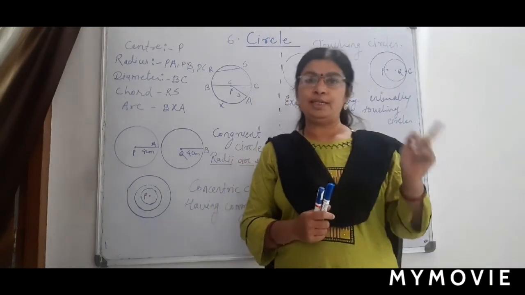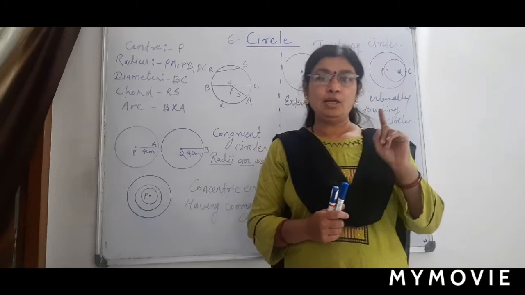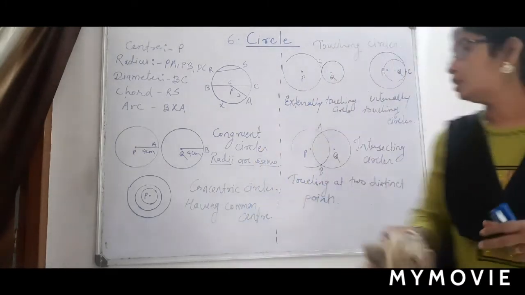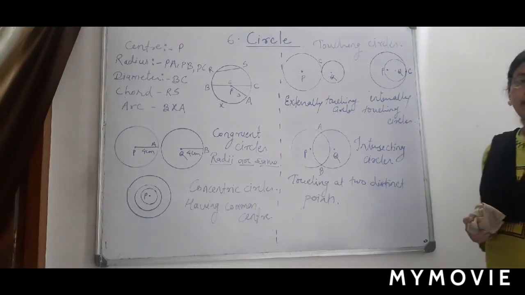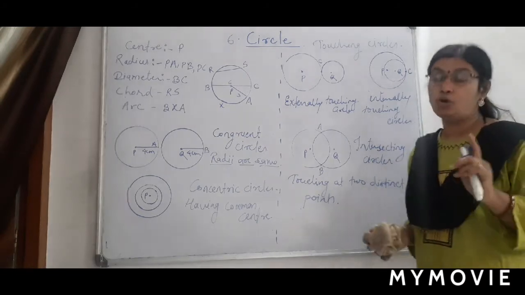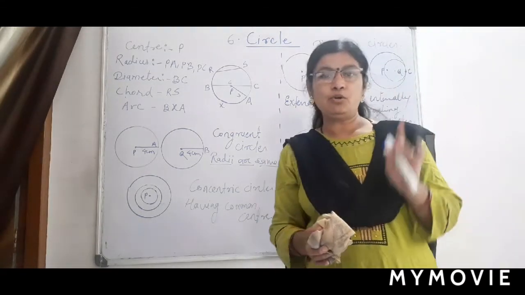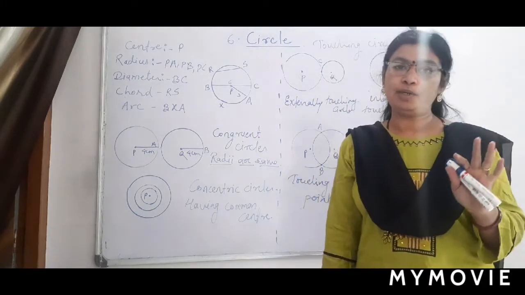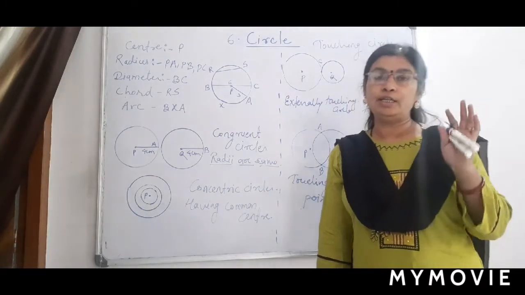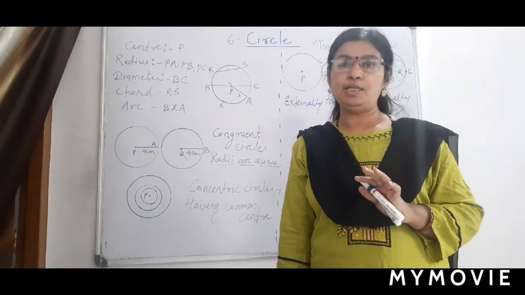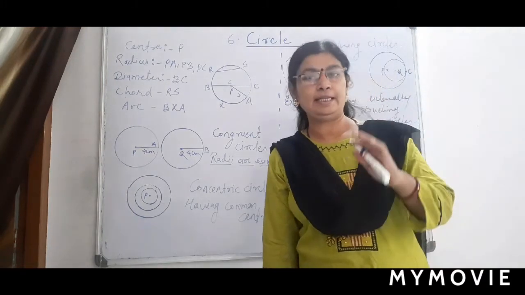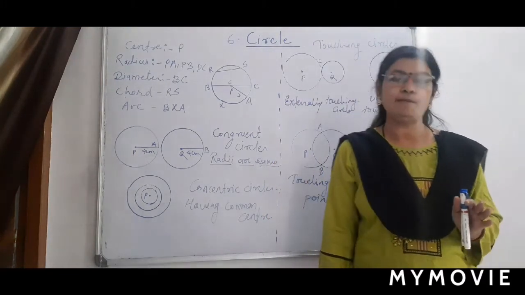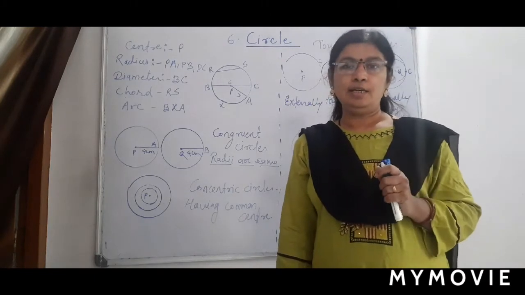Perpendicular drawn from the center of the circle bisects the chord. Second property, congruent chords make congruent angles at the center. And third property, congruent chords are equidistant from the center of the circle. These properties and theorems based on these properties we will see in the next period.